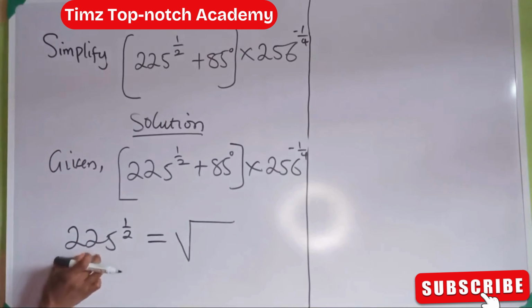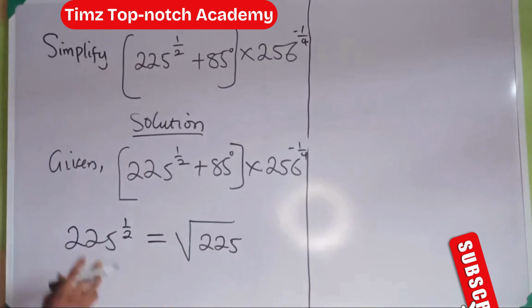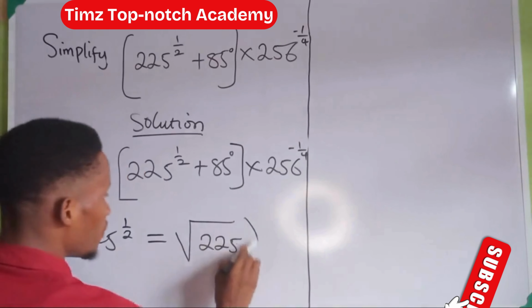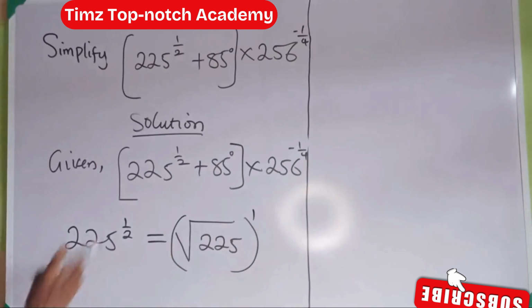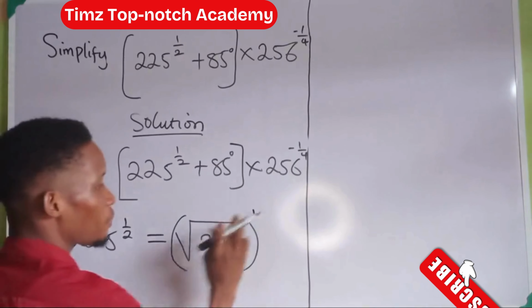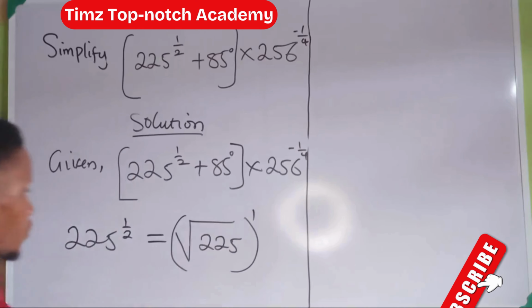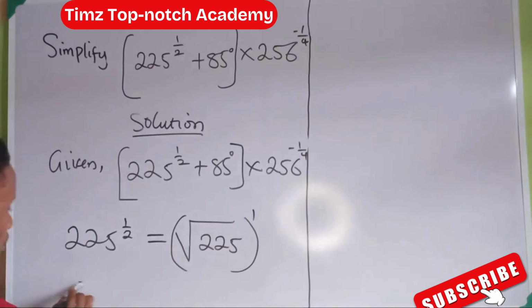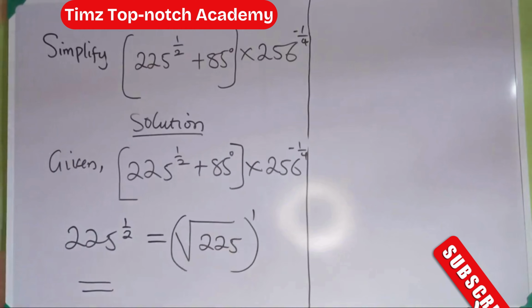the base. This is the base, which is 225. Then everything raised to power of what? 1, which is what is there. If here you are having 3, it should be raised to power 3. But in this case, we're having 1, so it should be raised to power 1. So we now get square root of 225.